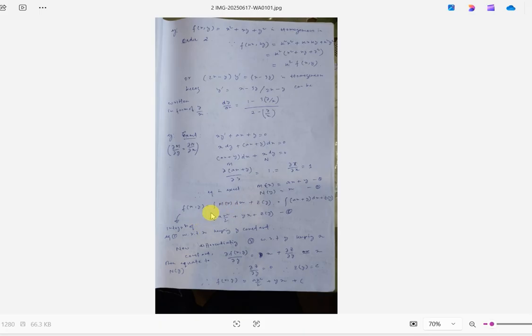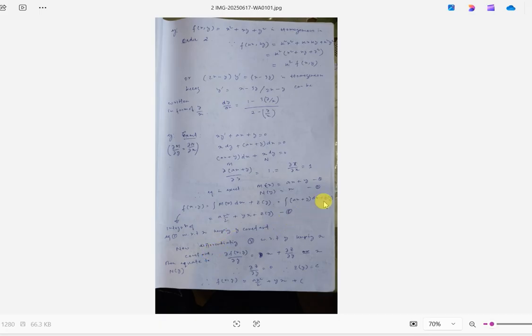Integration of equation 1 with respect to x, keeping y constant. So we will get a constant in terms of y. If we do that, then we will get ax squared by 2 plus yx plus a constant, which will be the constant z of y.